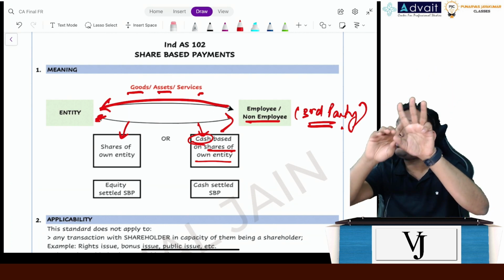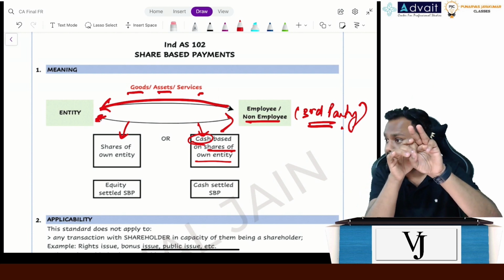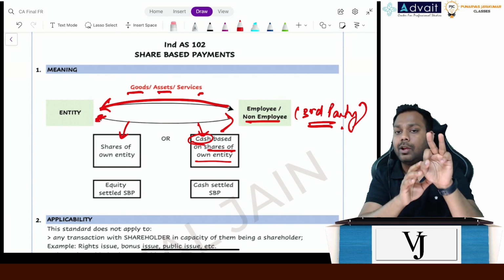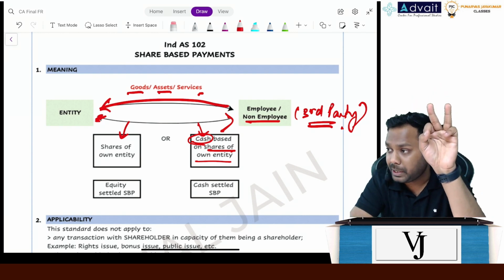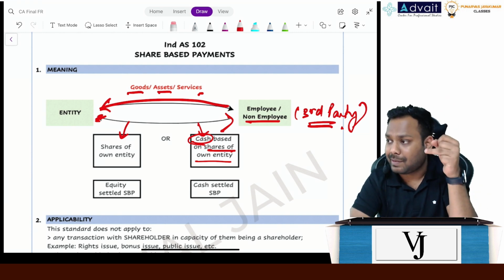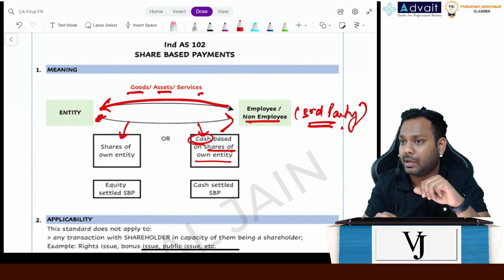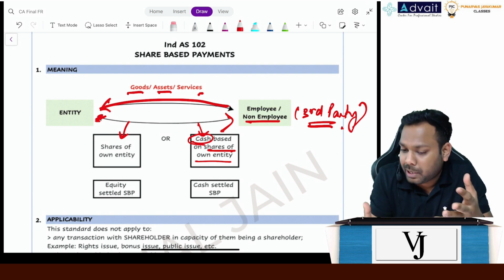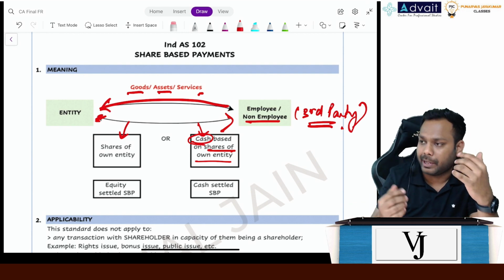If my obligation is to give cash solely, that transaction is not covered here. If it is to give shares of the company, or cash based on the value of the shares of my company, that transaction is covered here.